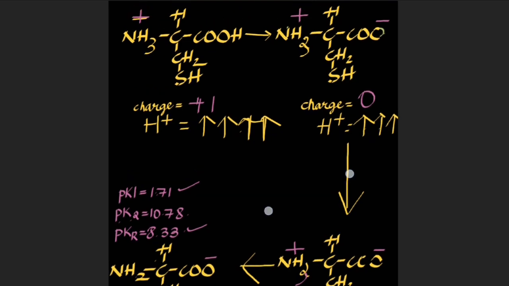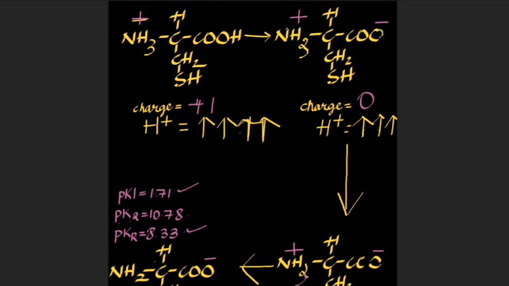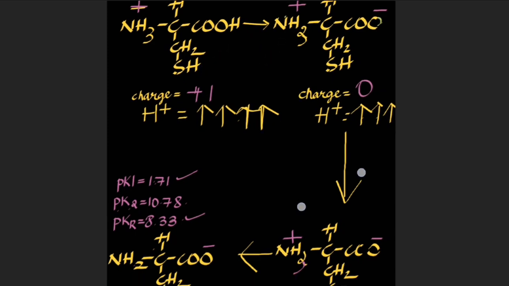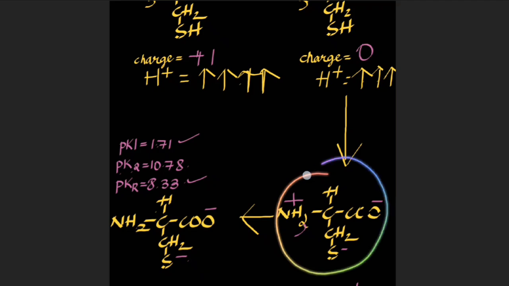Out here the Zwitter ion is this one, because this is carrying a 0 charge.